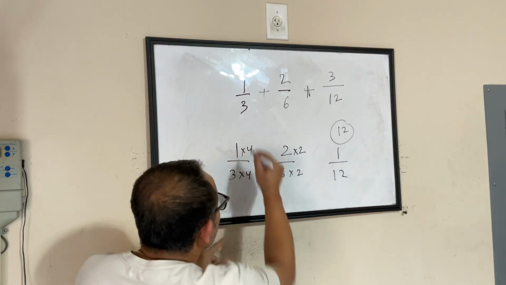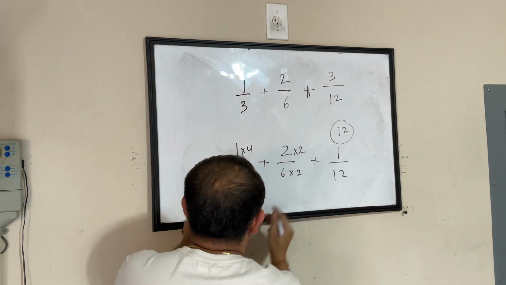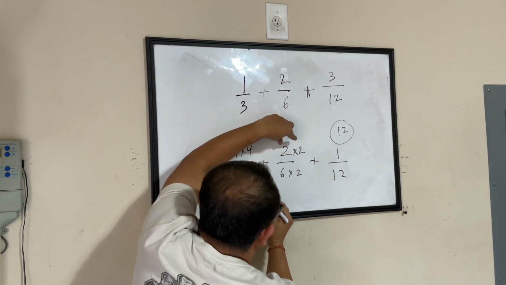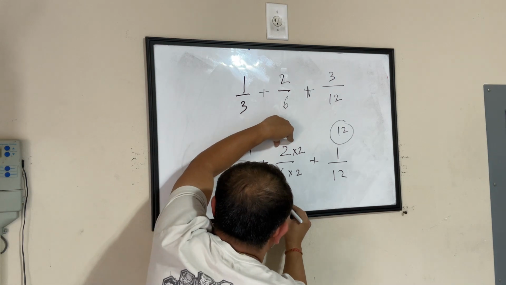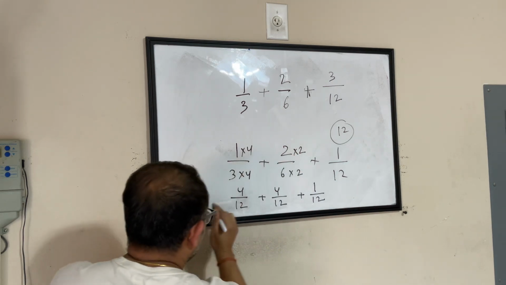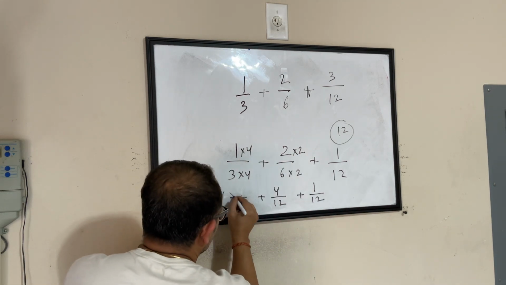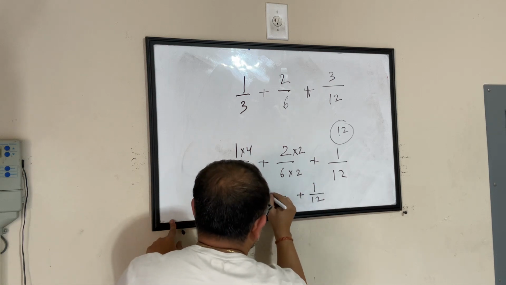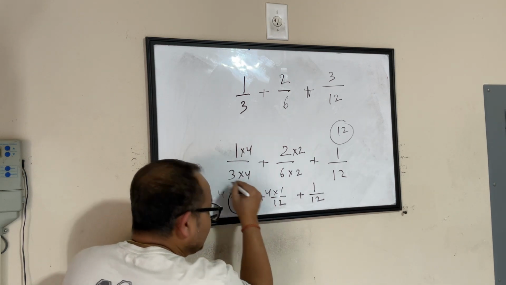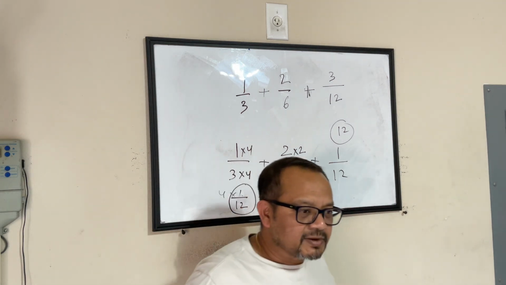So now this whole thing became this. 1 into 4 is 4 by 12, plus 2 into 2 is 4 by 12, plus 1 by 12. Now look at this. This I can write as 4 into 1, this also I can write as 4 into 1. So if 1 by 12 is, let's say, a pumpkin.